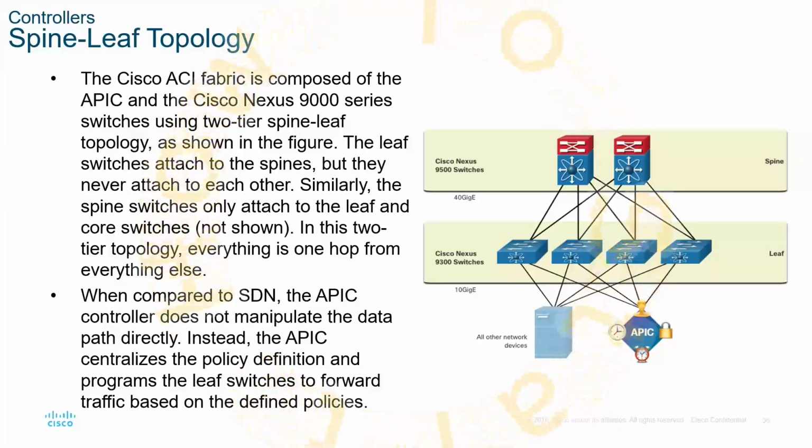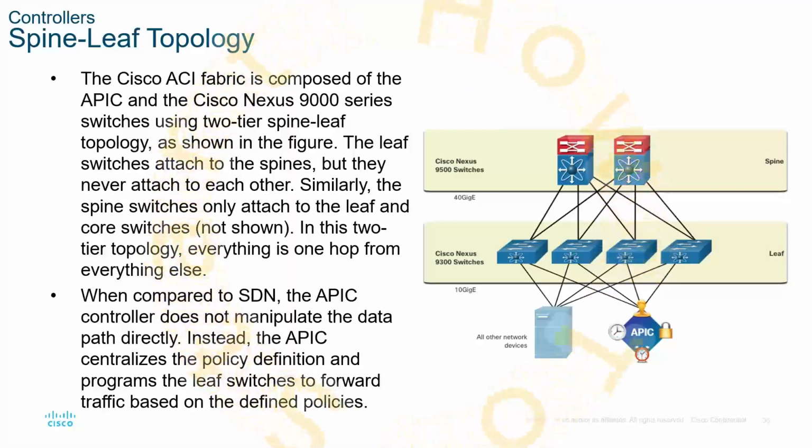And they will use what's called the two-tier spine-leaf topology, as we see in this diagram. So you're going to have these different leaves that connect to the actual core spine. And the leaves will actually connect to the APICs.